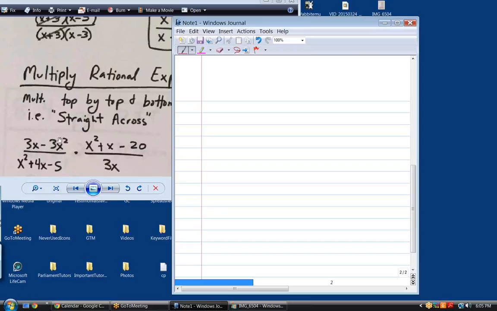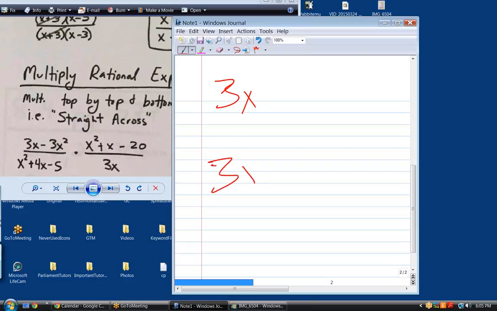So what's the greatest common factor in that expression? By greatest common factor, I mean what's the largest thing that divides into each piece evenly? What's the largest thing that divides into 3x? 3.